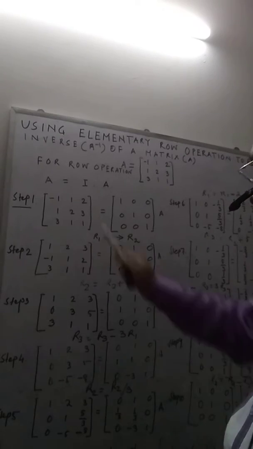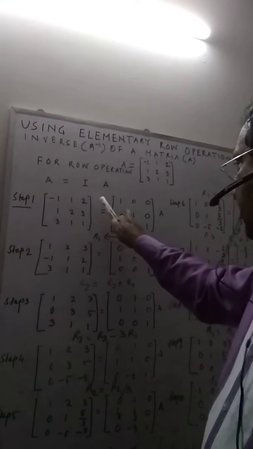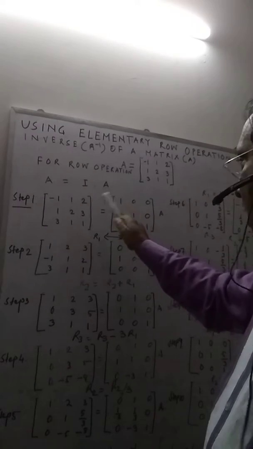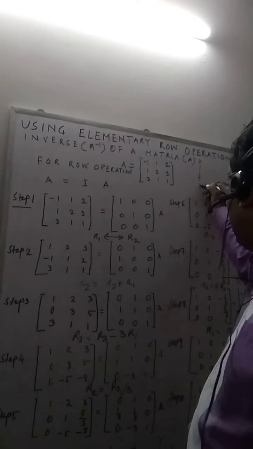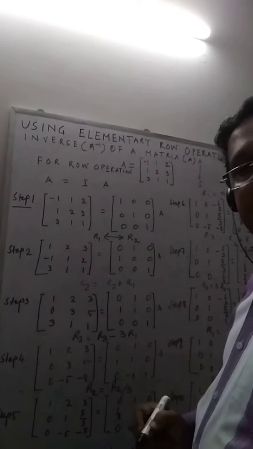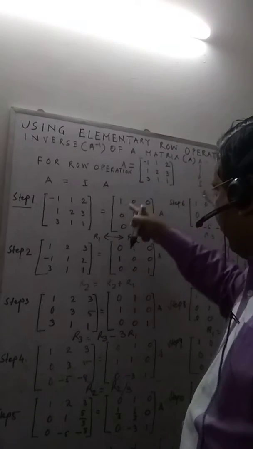That is, I will change this matrix to this form, 1, 0, 0, 0, 1, 0, 0, 0, 1, over a number of steps.